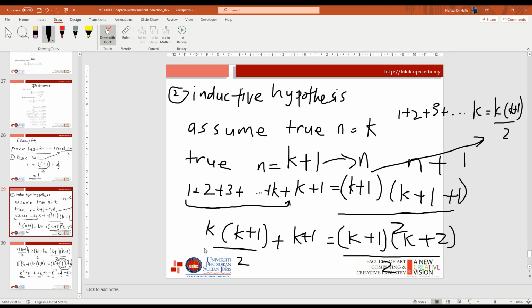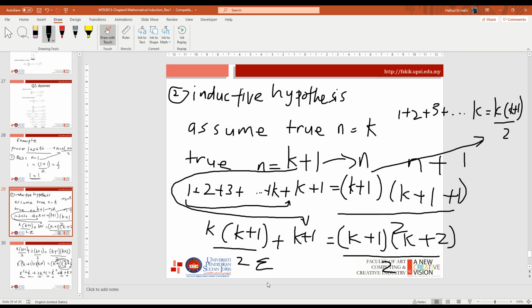Okay? This one, k plus 1 divided by 2. And then we replace the k plus 1 here. Here, this one is the sum.